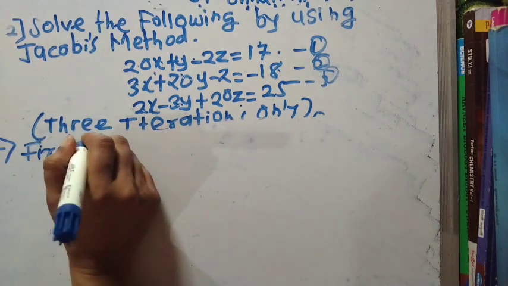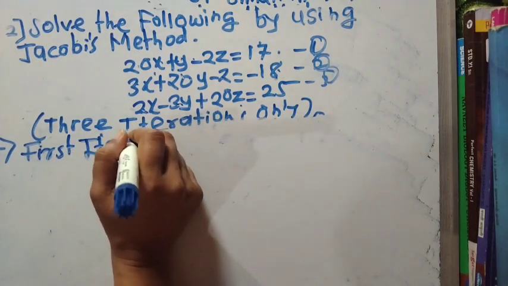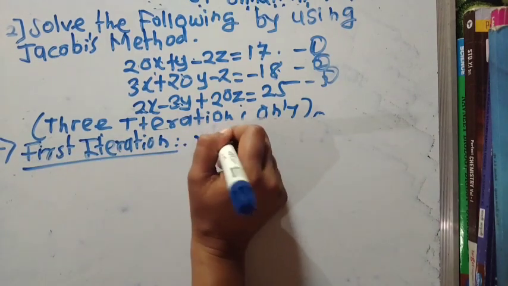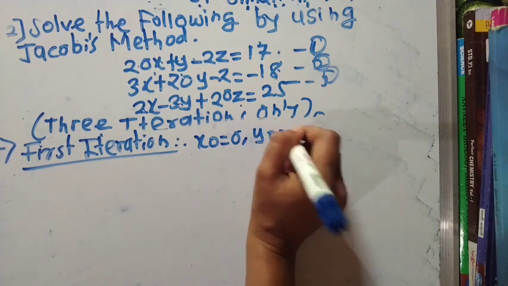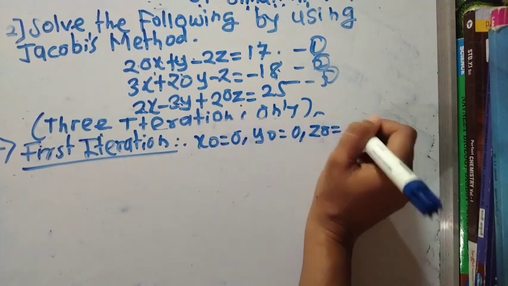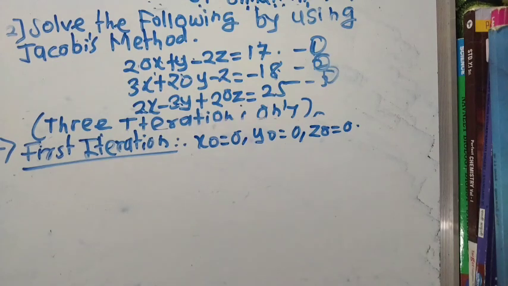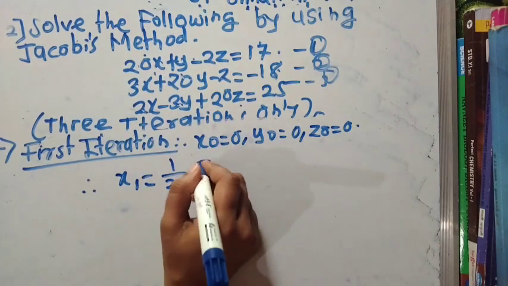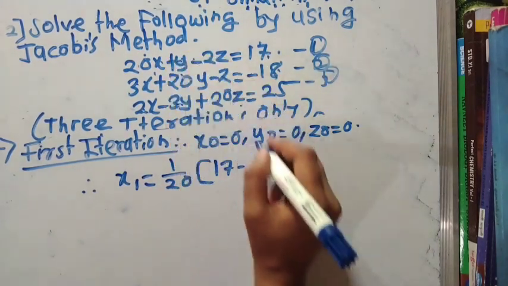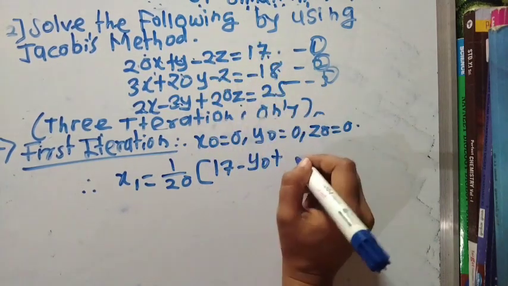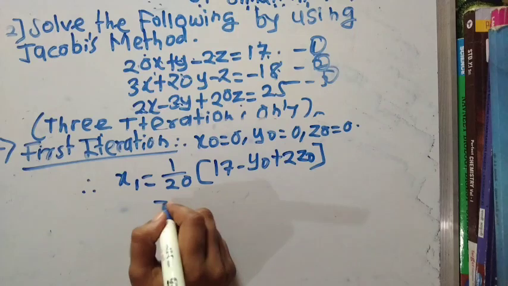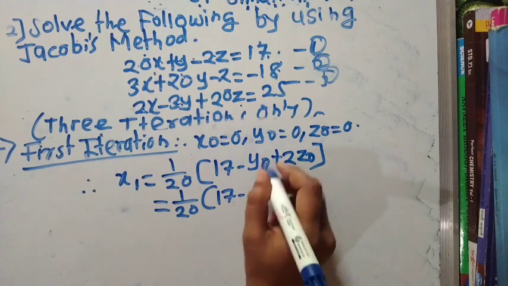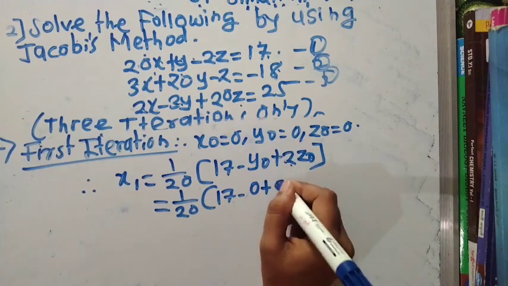So for the first iteration, put x0 is equal to 0, y0 is equal to 0 and z0 is equal to 0. So x1 is equal to 1 divided by 20, 17 minus y0 plus 2z0. So here 1 divided by 20, 70 minus y0 plus 2 into z0, which is 0.